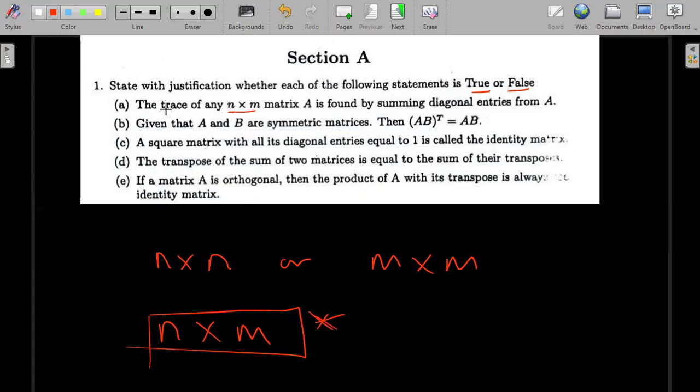So we're going to say the statement on A is false, because the trace of a matrix is only valid for a square matrix. But here we have n and m, meaning the number of columns and the number of rows are different. So on A, that is false.